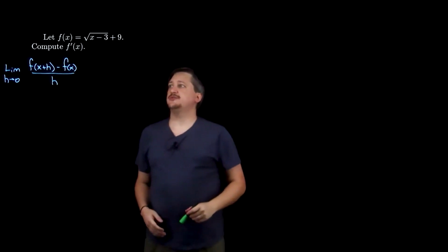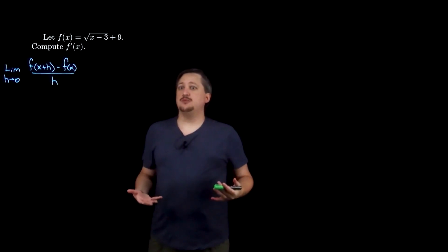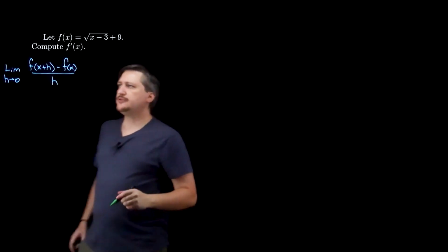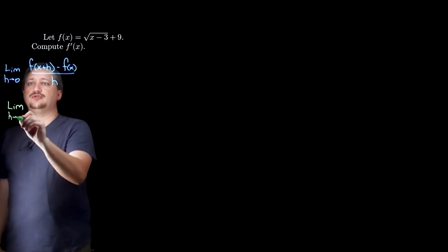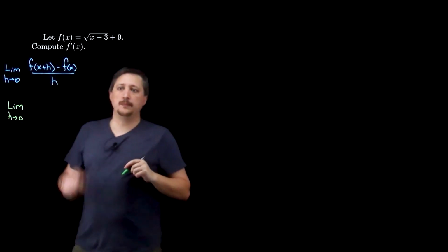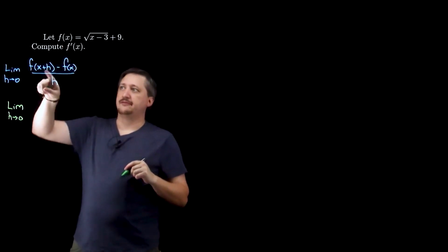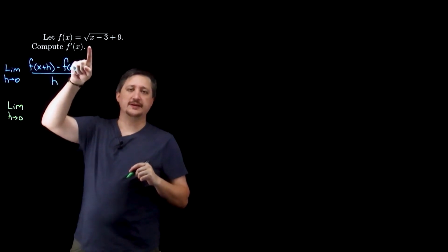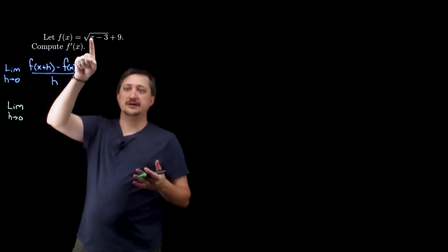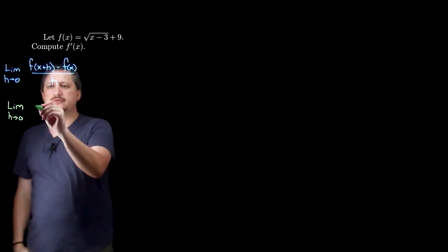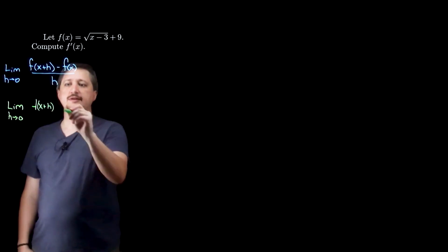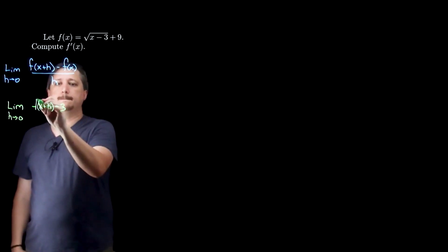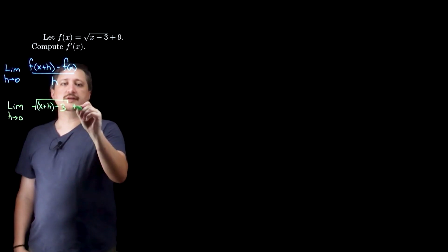So that's what I'm going to do. I'm going to start by plugging in what I have for my f. So I'm going to get the limit as h goes to 0. Again, I have the x plus h that gets plugged in wherever I see an x. So I'm going to have the square root of x plus h, can't go wrong with adding more parentheses, minus 3 plus 9.